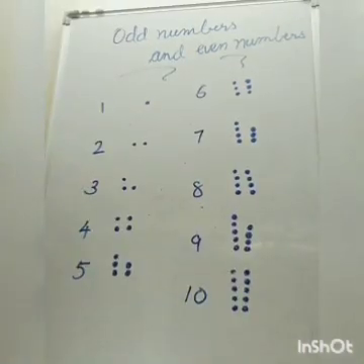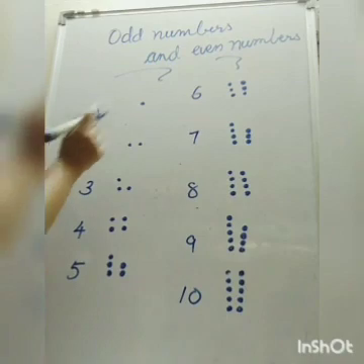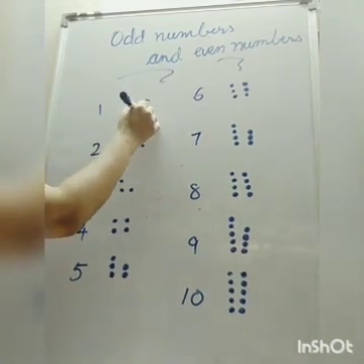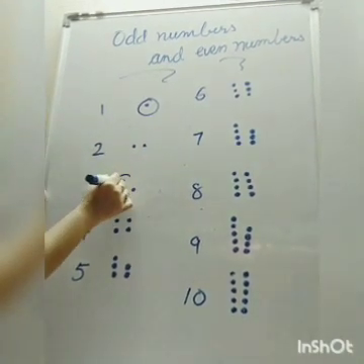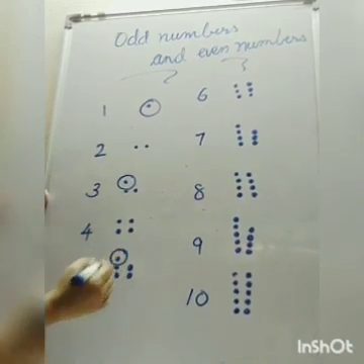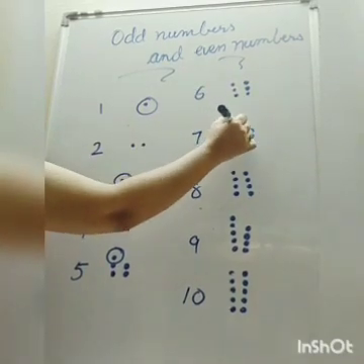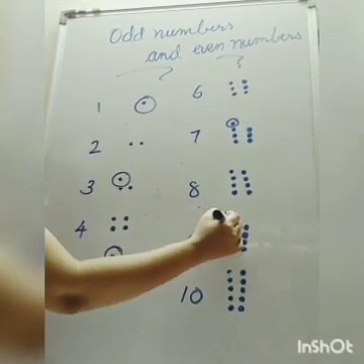The dots which represent numbers left over or stood alone are called odd numbers.